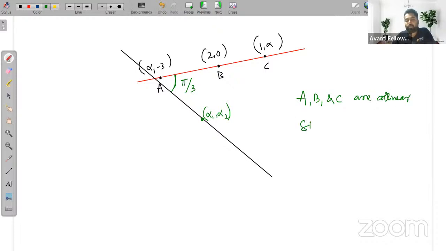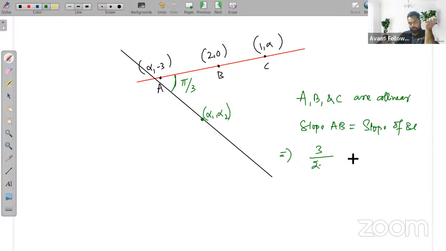That means slope of AB is equal to slope of BC. Yes or no? So if you find the slope of AB, what will you get? That is 0 minus 3, 0 minus of minus 3, that is 3 upon, sorry, 2 minus alpha.